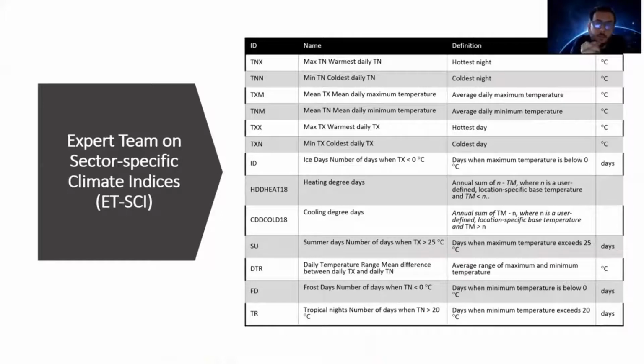And these 13 temperature indices were selected among these indices, for instance, the hottest night, coldest night, hottest day, coldest day. We use these 13 indices to identify the behavior of the observed period temperature for the 3 stations.